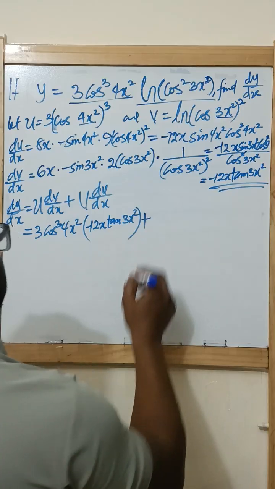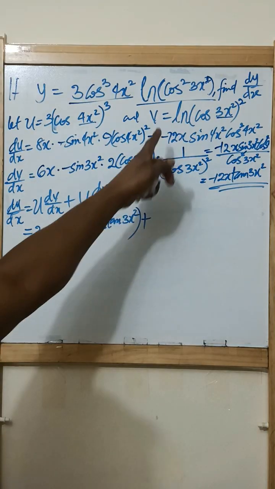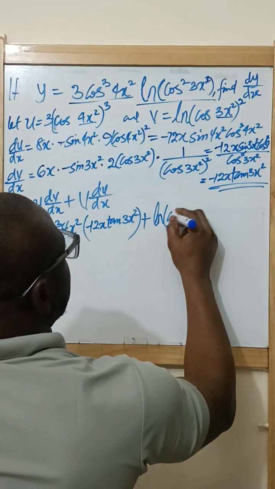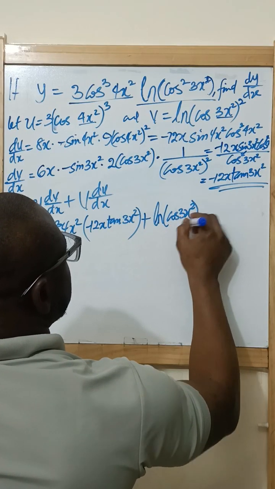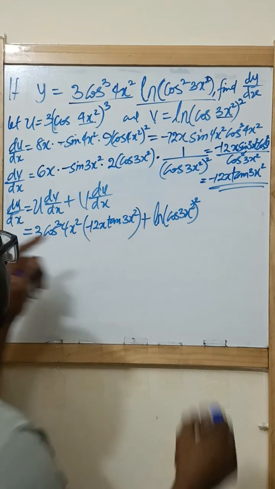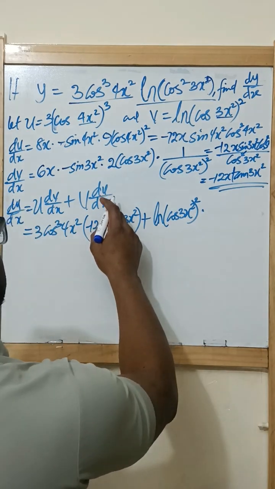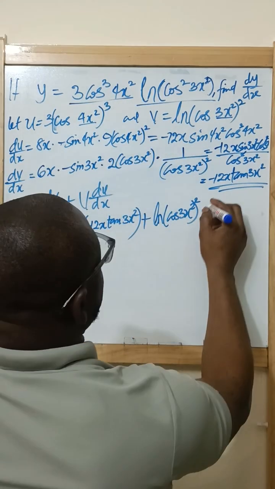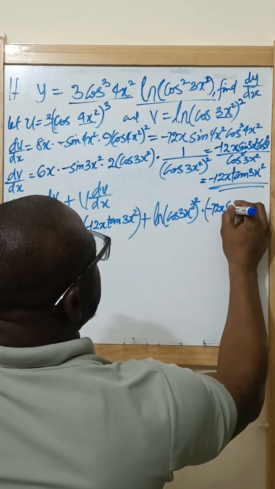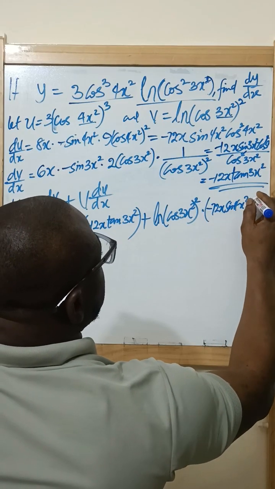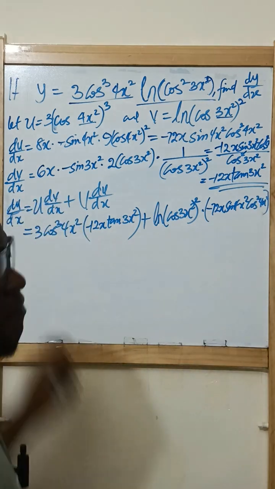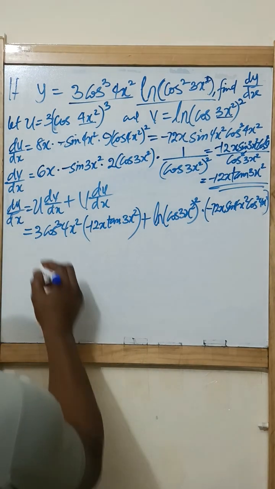Now plus v. What is v? v is ln of cos 3x squared, everything squared. Then the du/dx is minus 72x sine 4x squared cos squared 4x squared. Okay, that's that. So this is our dy/dx.